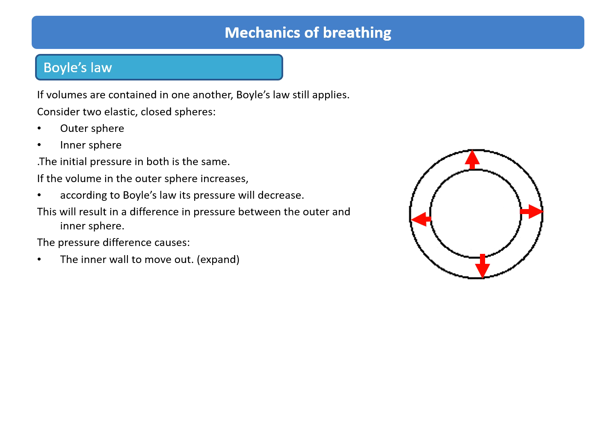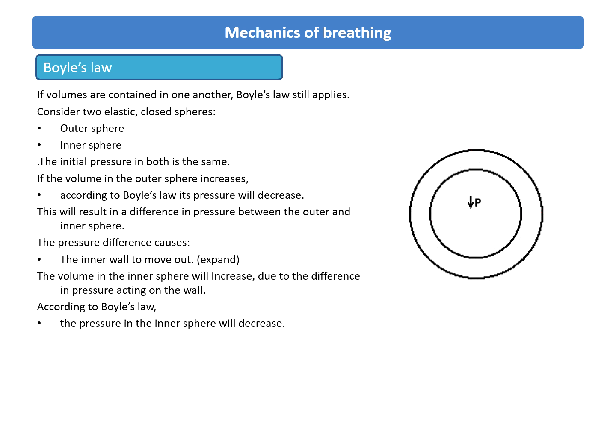Pressure difference will cause the wall of the inner sphere to move out. It's being forced by the greater pressure. This causes the volume in the inner sphere to increase. And according to Boyle's law, when the volume increases, the pressure in the inner sphere will decrease. So, an increase in the volume of the outer sphere results in a decrease in the pressure of the inner sphere.